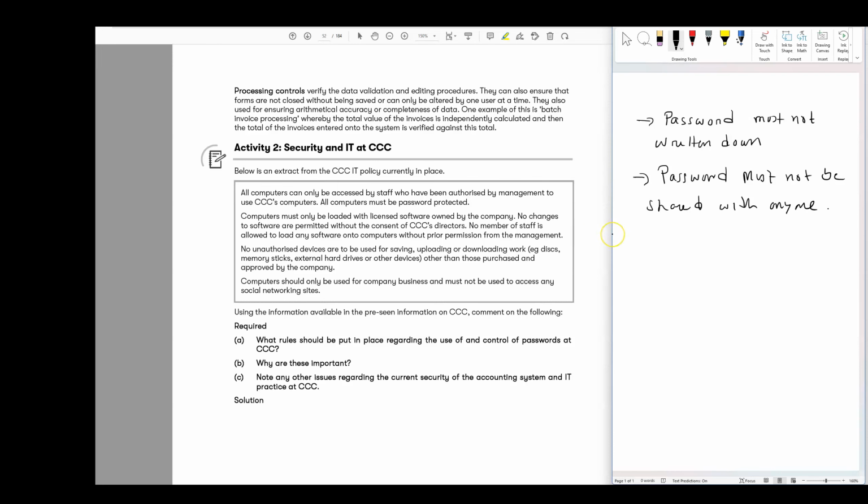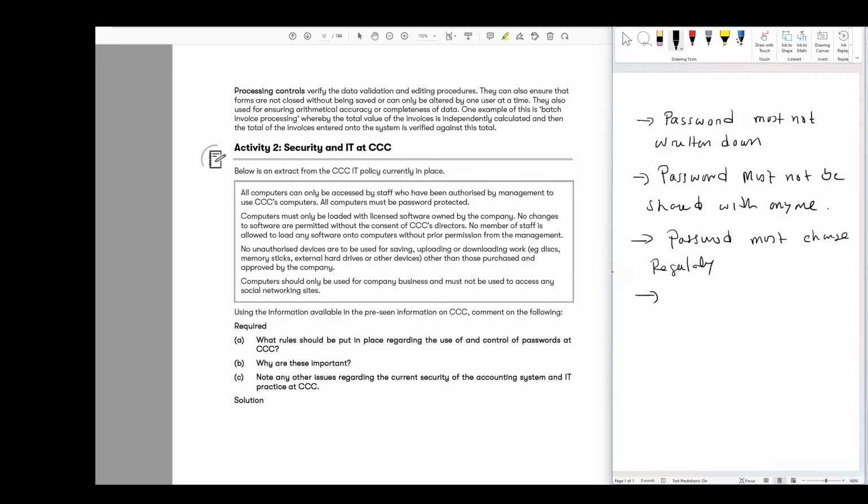Then passwords must change regularly. Then passwords must not be generic. So you should not use the same password.